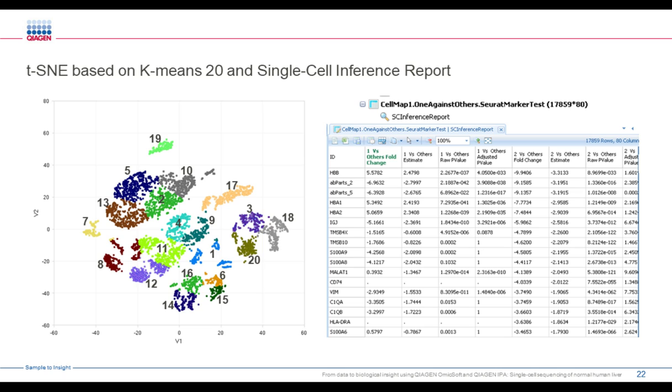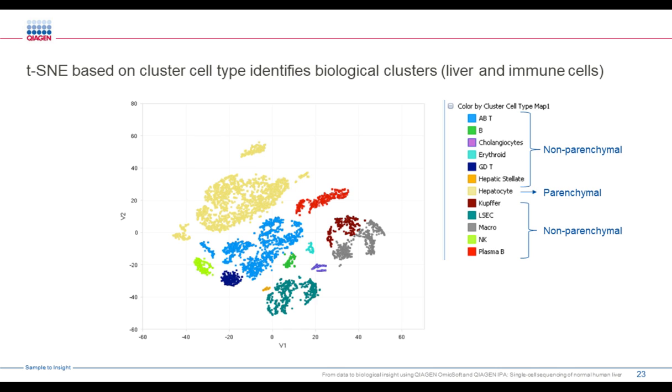And from that, you can actually obtain a Seurat test, which is equivalent to an inference report, basically a differential expression profile in which you can compare one versus the other clusters, or 2 versus the other clusters, or 19 versus the other clusters. And for each of them, you will have a fold change value, a log2 transform, a p-value, and FDR values. That report is extremely easy to get, and you send that to IPA.